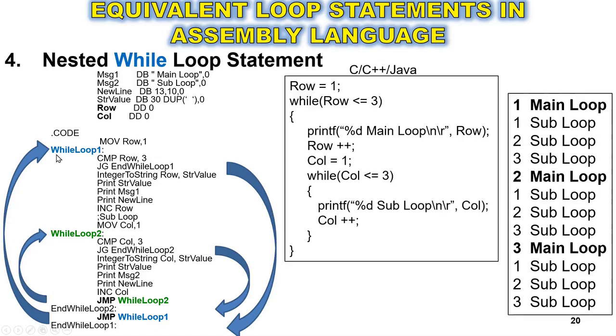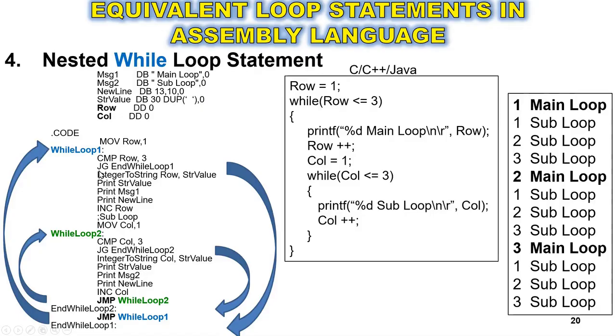And then I wrote a label while loop 1. And then the body of our main while loop now contains the following code. Next, we compare the present value of row, containing 1, to the integer value 3.